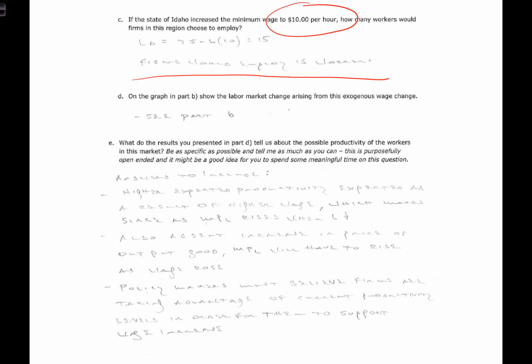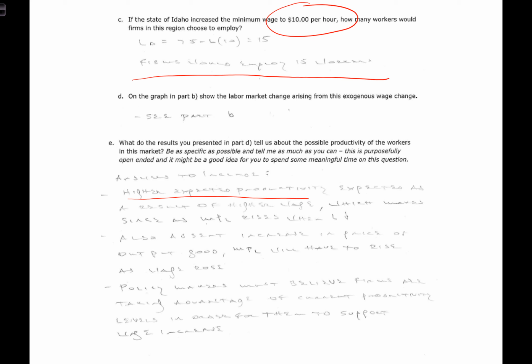And then I ask you finally, what do the results you presented in Part D tell us about the possible productivity of the workers? I didn't ask you about employer surplus and worker surplus. That was asked in the first question in Section 1. But here we want to know about the productivity of the workers. Well, I've said here, higher expected productivity because we have a higher wage being paid to them. So we can be more selective in these employees.